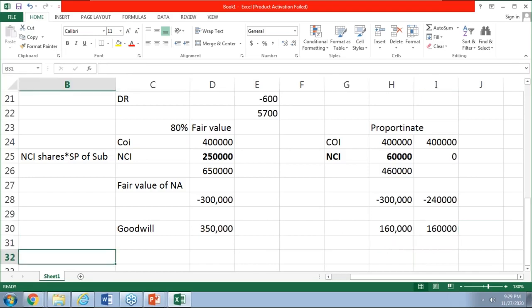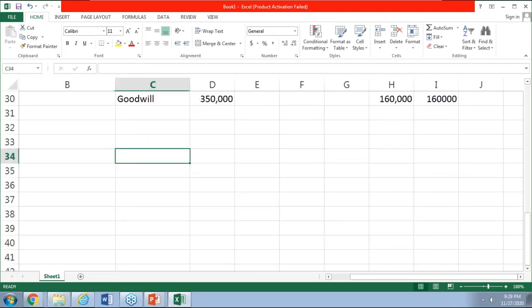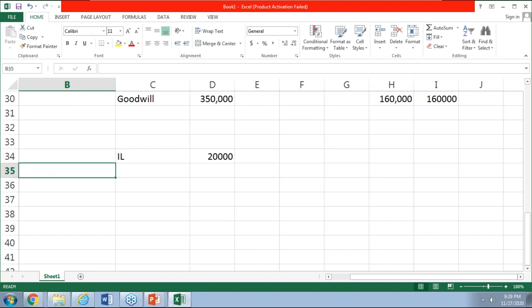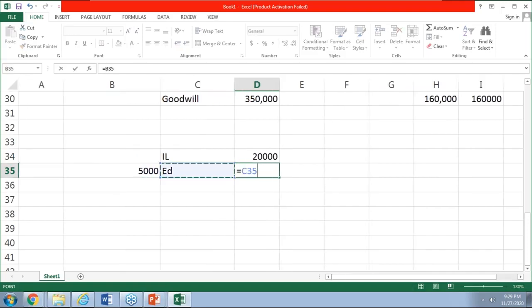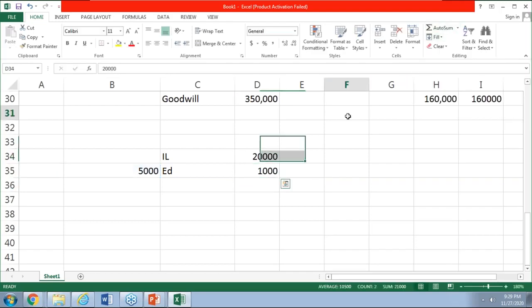It says that we are charging impairment loss in the income statement of 20,000, and there is a fair valuation adjustment of 5,000, for which you have to book an excess depreciation adjustment, 5,000 divided by 5 years. So it's 21,000 actually, which you need to adjust.